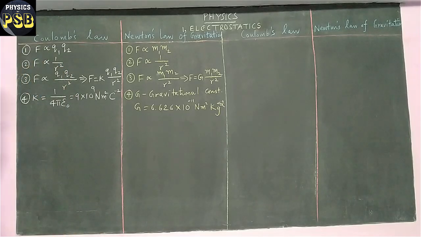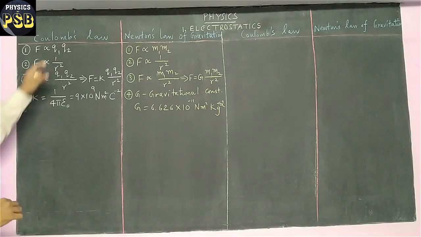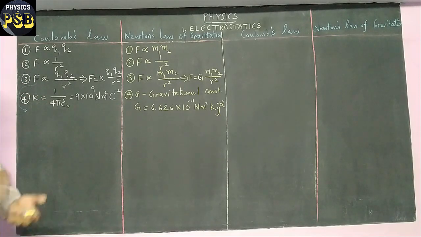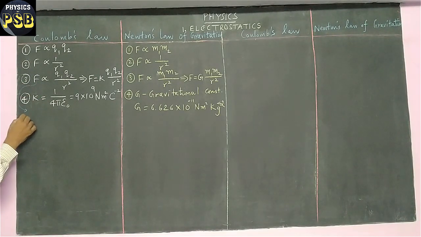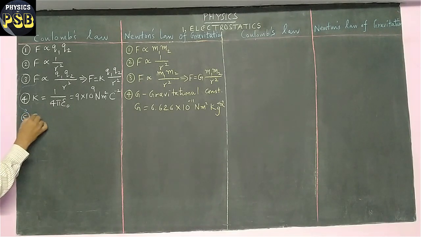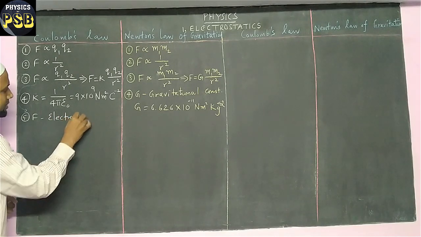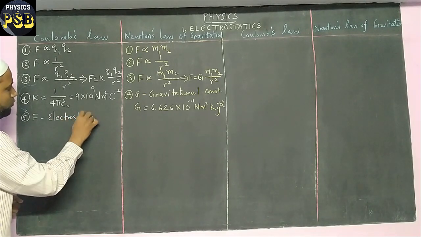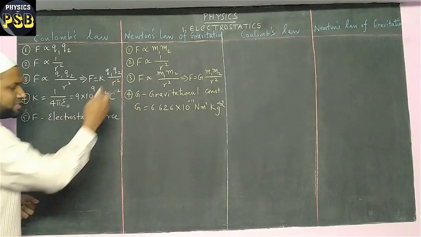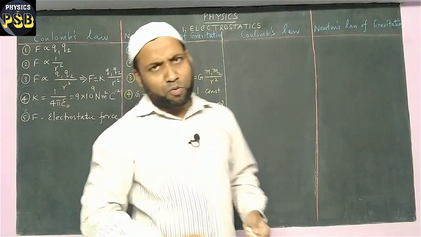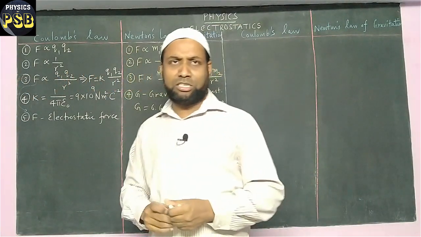Next, when we talk about this force, the force discussed in Coulomb's law is nothing but electrostatic force. What is this electrostatic force? Electrostatic force is one which exists between charges.